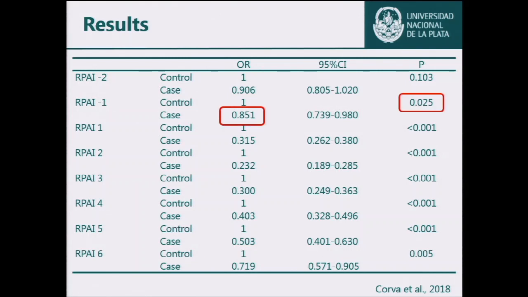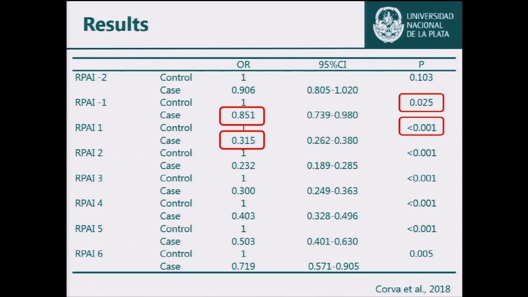place. The first week, the 2 weeks before the insemination, there was no effect of having a clinical mastitis case. But just 1 week before insemination, we had a decrease of 15% in the conception rate compared to cows that didn't have clinical mastitis.